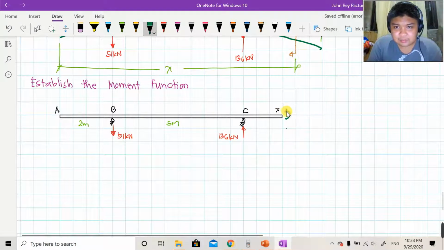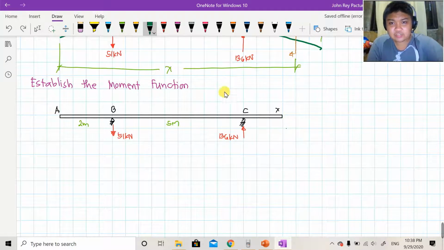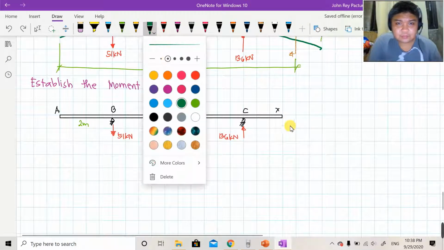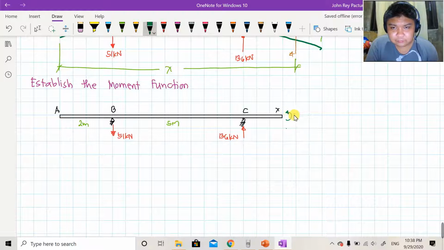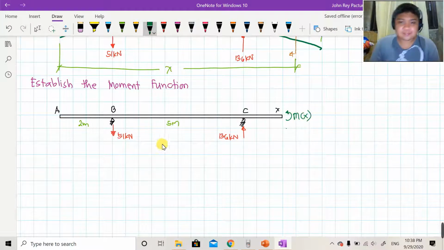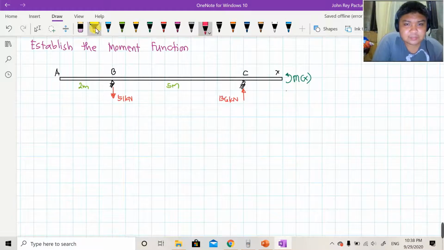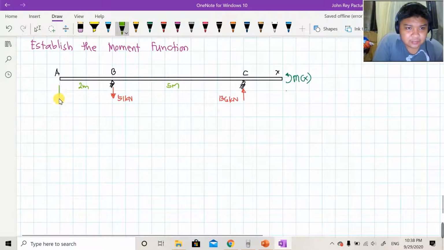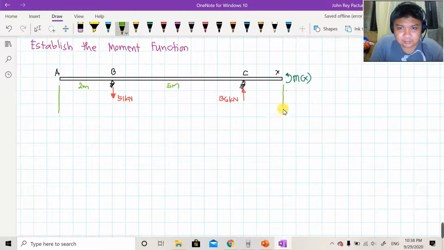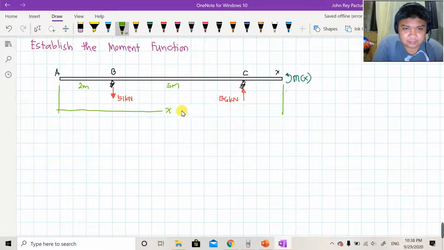Ang importante lang naman sa atin, class, is of course the moment function, right? So, yun. Drawing natin siya. Moment of X. So, therefore, gamitin mo lang naman yung equation of equilibrium natin. Sorry, I forgot that the distance nga here is X. Diba? So, this is X. So, sige.